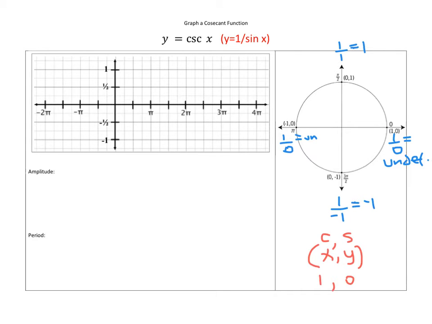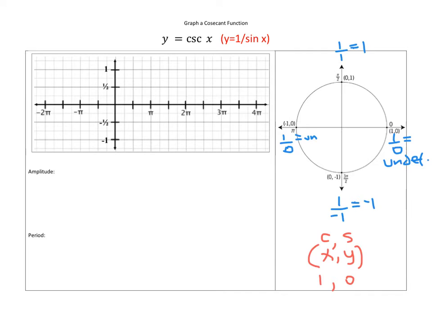Then I go to 90 degrees, and it's going to be 1 over 1. And then for 180 degrees, it's going to be 1 over 0, which is undefined. And then for 270, it's going to be 1 over negative 1, which is equal to negative 1.